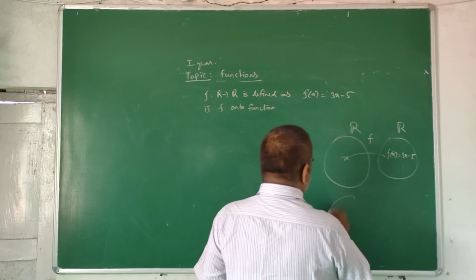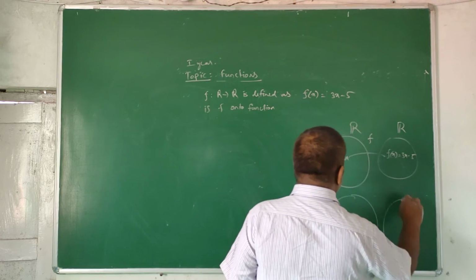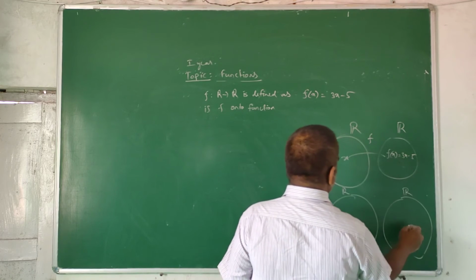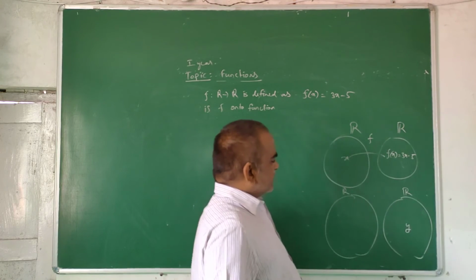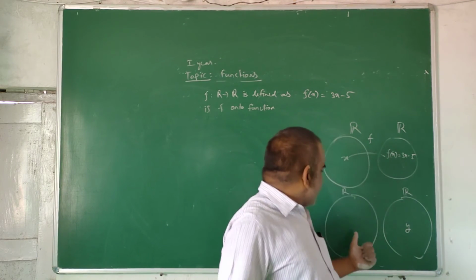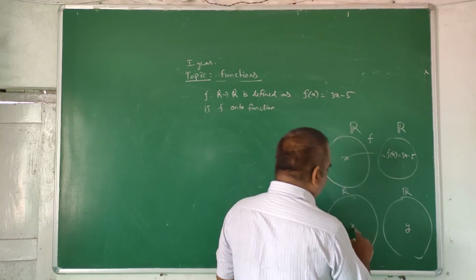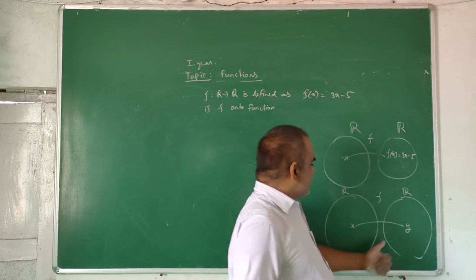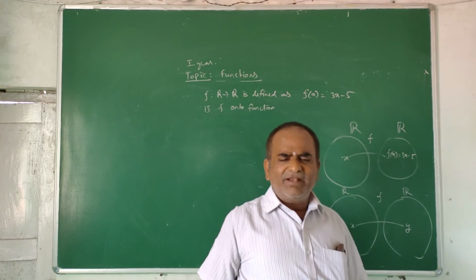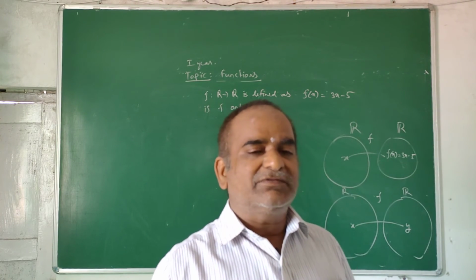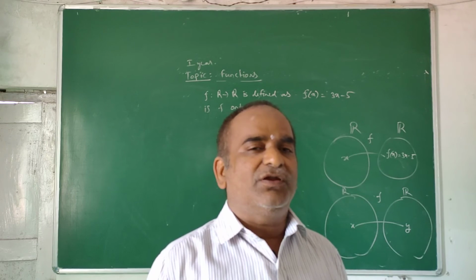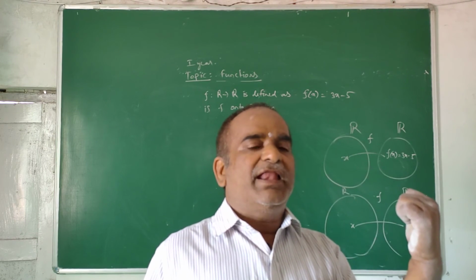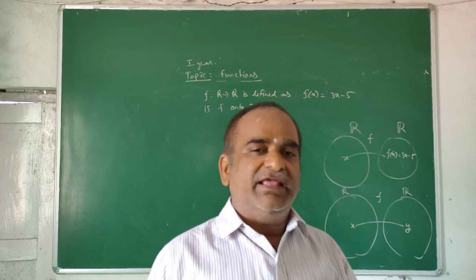Now what we have to do is choose an arbitrary element y in codomain R. For this, if you could produce an x like f of x maps to y, that's all, it is finished. It is an onto function. That's what I told in the previous context. If there is a b, there should be an a, like f of a is equal to b.